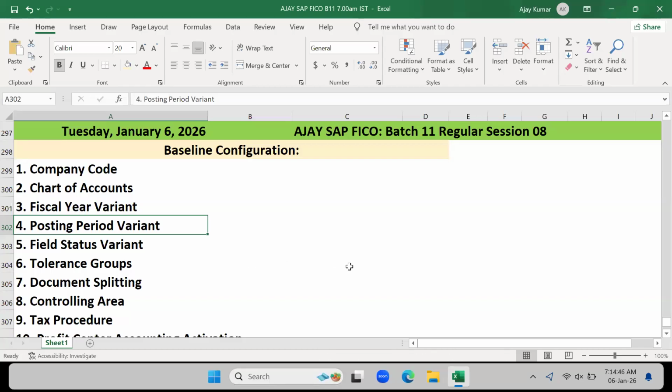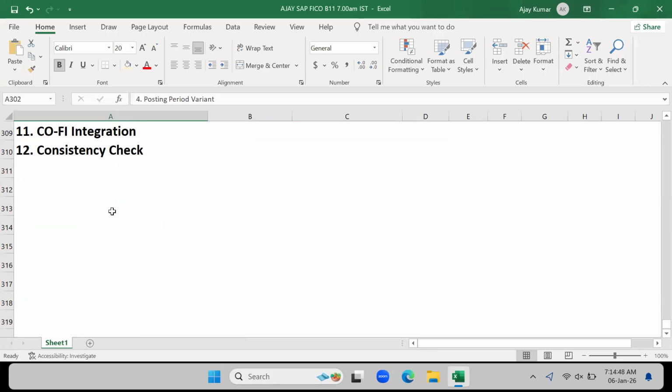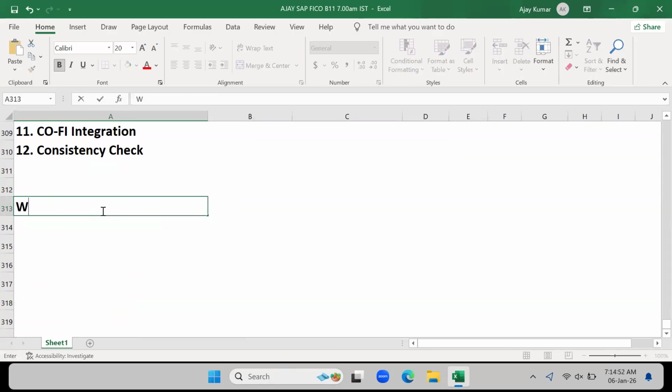Okay. Now, next point. We have four types of SAP FICO systems.